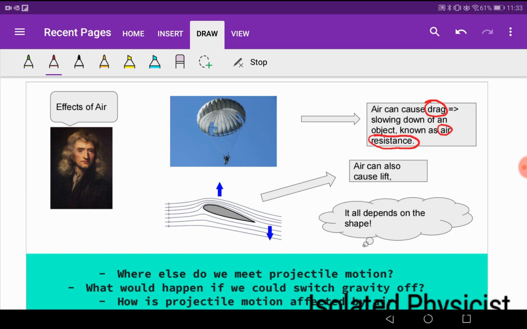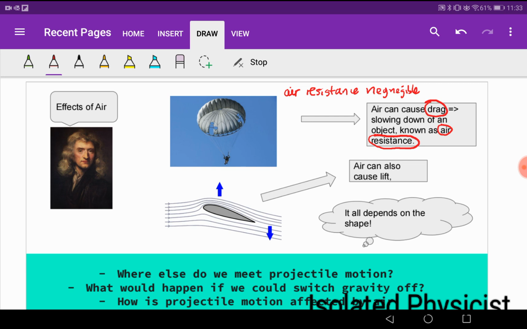Lots of physics problems say that air resistance is negligible, which means you don't have to worry about it.